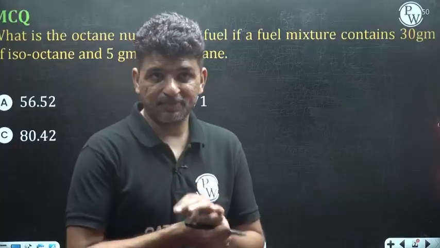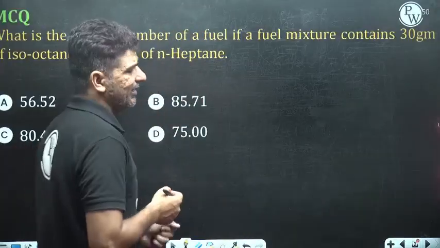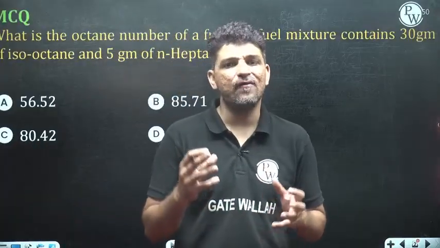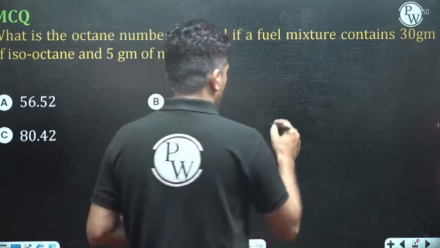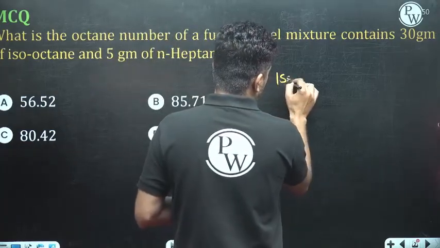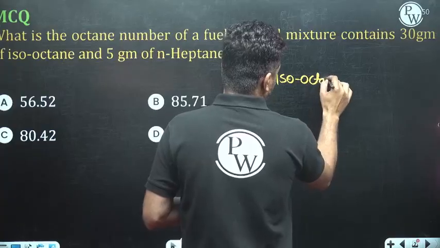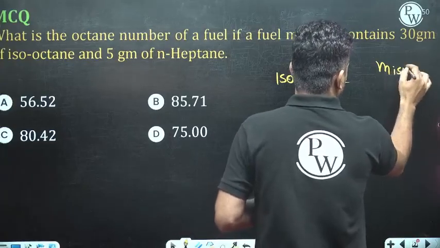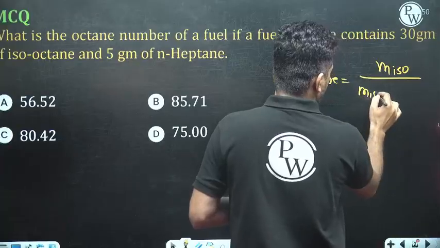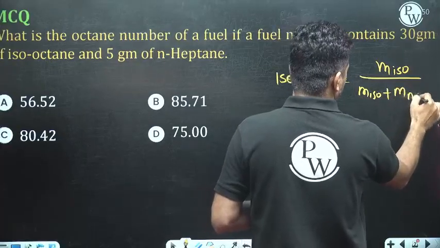So we know that octane rating is defined as the percentage of isooctane in a mixture of isooctane and normal heptane. So isooctane percentage can be written as mass of isooctane divided by mass of isooctane plus mass of normal heptane.